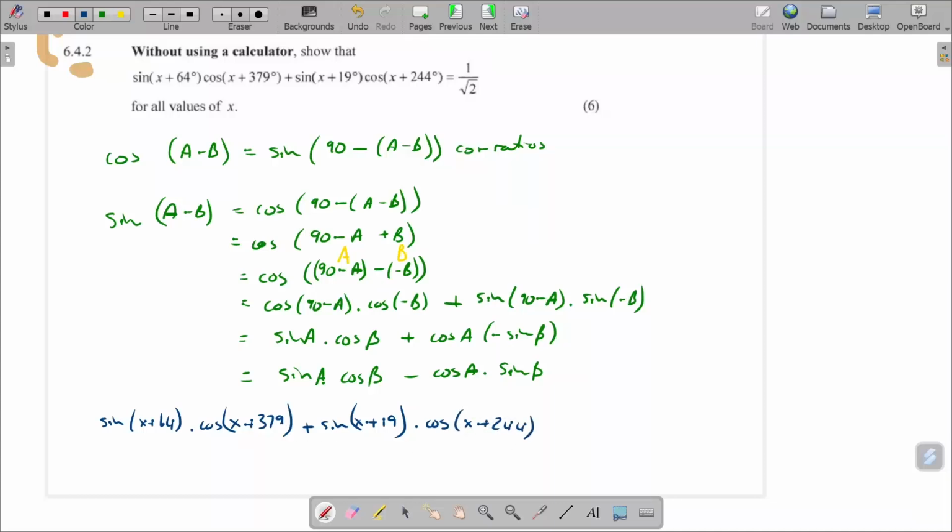Well, hold on. First thing I notice is that this value over here is bigger than 360. So I'm simply going to take 360 away from it. So what I've got here now is cos of x plus 19.